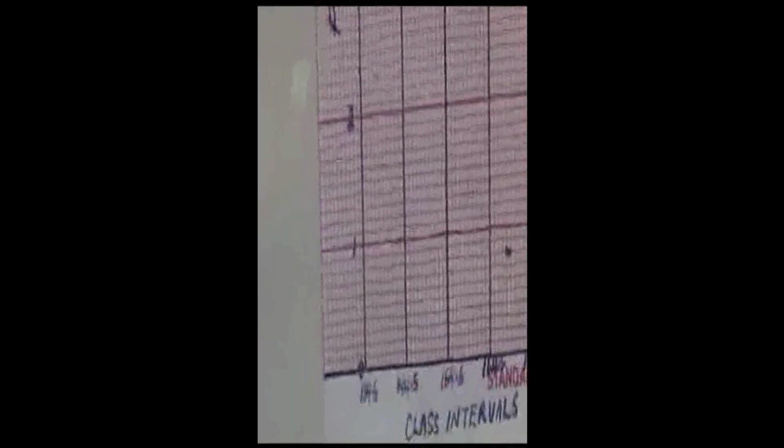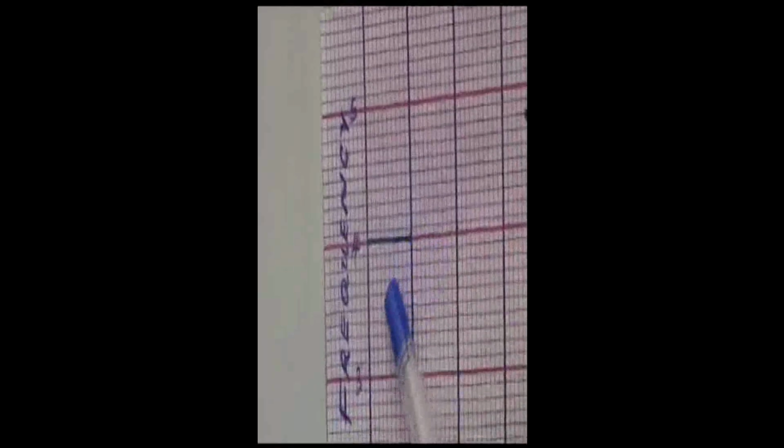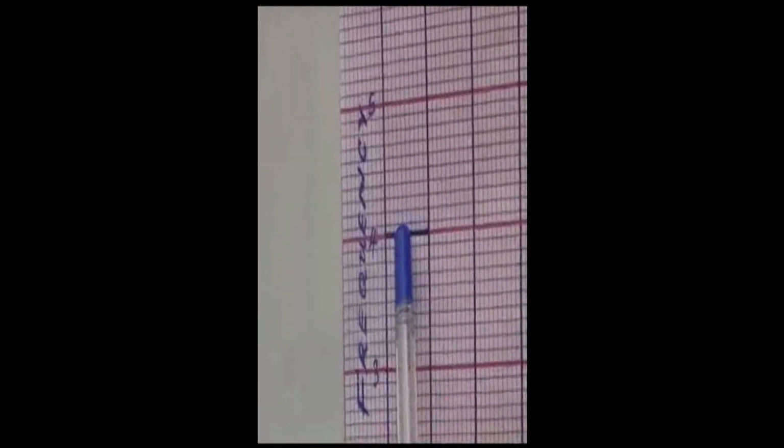Now, the first class interval has a frequency of 4, and that was why its rectangle stopped at 4. Look at where the rectangle ended. The second class interval has a frequency of 12. That was why the second bar here ended at 12.